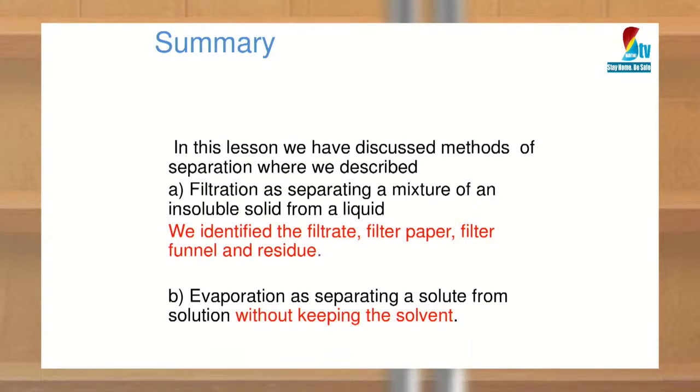In summary, dear listener, dear learner, we have described filtration as a separating technique whereby we're separating a mixture of an insoluble solid from a liquid. Remember, we identified the filtrate, the filter paper, the filter funnel, as well as the residue. We said evaporation is a technique whereby we are separating a solid from the solution without keeping any of the solvent.